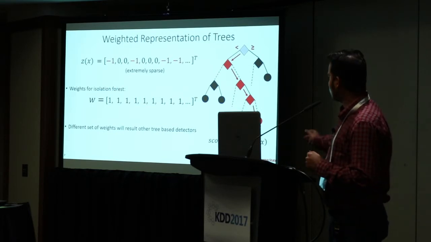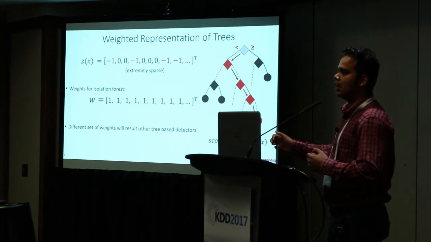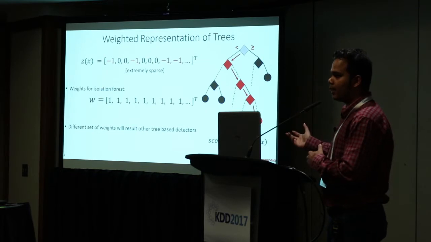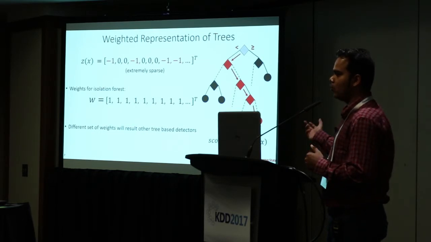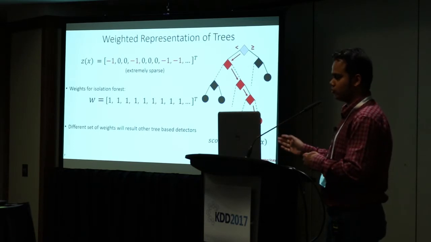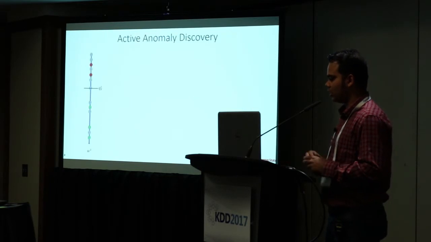Then we can compute the score of a point as just the dot product of these two vectors, the feature and the weight. So when we want to incorporate feedback, we just want to learn a weight that will also satisfy some constraints. How we are incorporating that feedback, I'll now describe here.